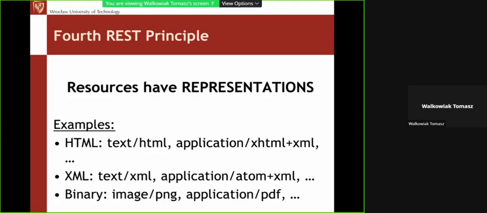Each resource has a representation that should be described using so-called MIME types, which are elements inside the HTTP protocol. Text HTML, please answer me in text, please answer in XML, please answer in PDF, please answer PNG, whatever, okay, the server is capable of, I can ask it for.